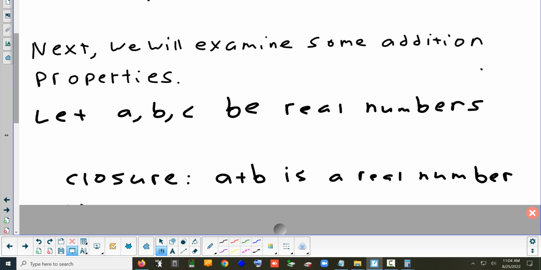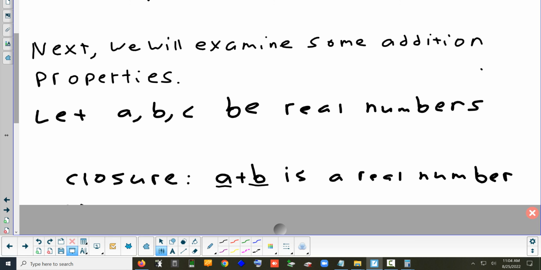So this is looking at all properties with addition, just addition properties. And the idea that if you take a real number and you add another real number and the answer is a real number, that's called closure. Okay? It means that whatever types of numbers you started with, the answer is also the same type of number. And it always works with addition.